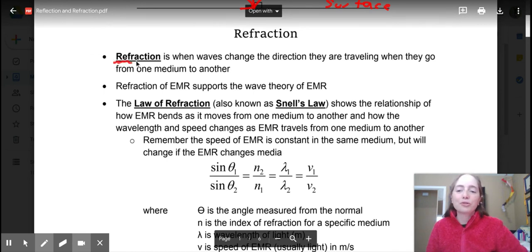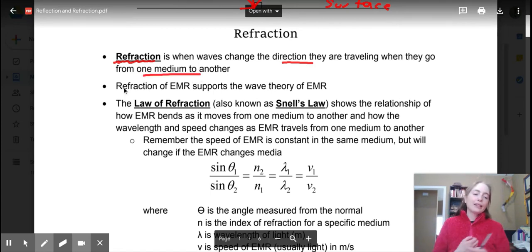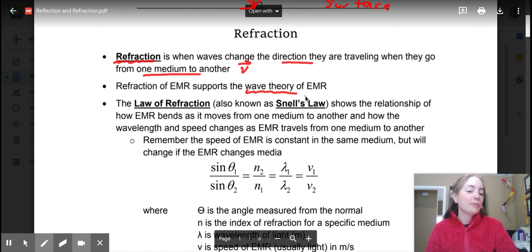So refraction is when a wave changes direction when it goes from one medium to another. It's also when it changes its speed as well. This supports the wave theory of EMR.